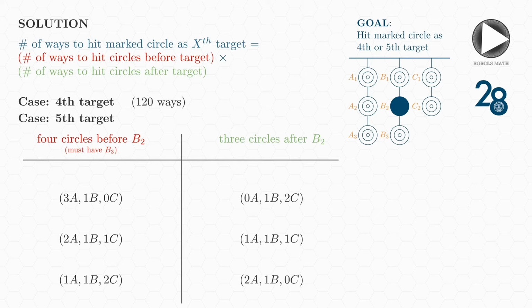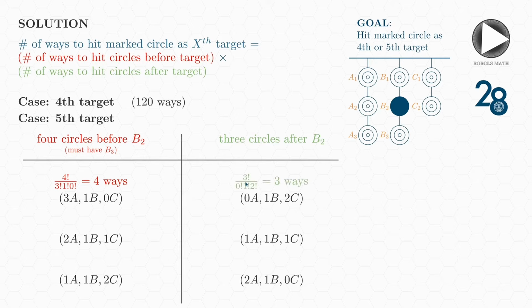Again, in each case, for the left side, the total must be 4, and the right side must always total 3. So 1 plus 1 plus 1, 2 plus 1 plus 0, all of them should be 3 here. I hope that's clear. Then to count the number of ways, you use the same method as earlier, 4 factorial divided by this one being constrained, this 3 factorial.